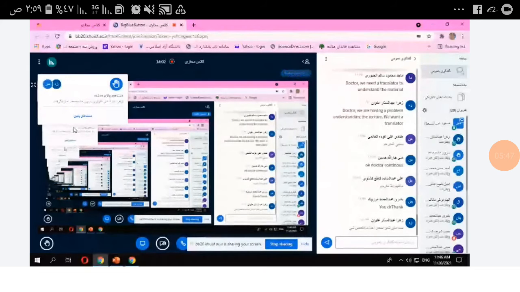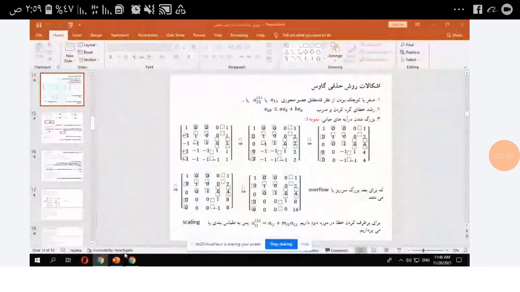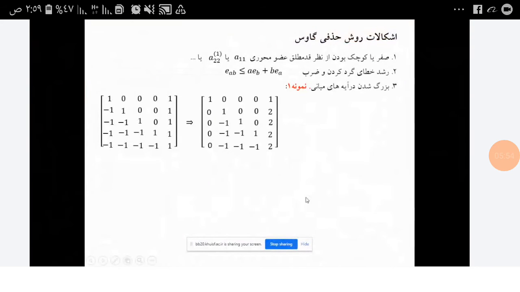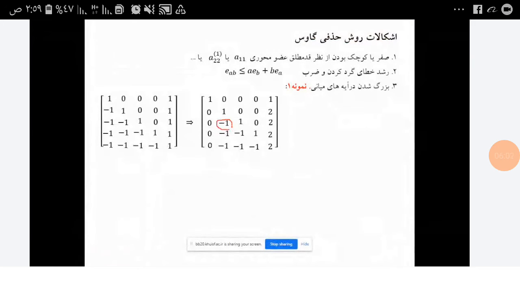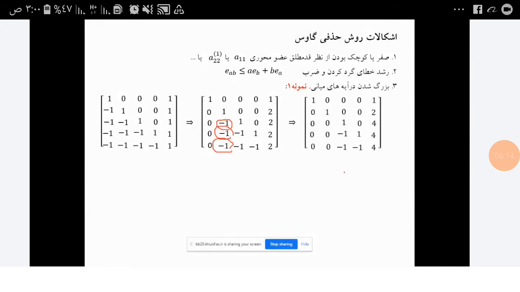Let me return to PowerPoint. Again, to make this one and this one 0, we have to add the second row to the third, fourth, and fifth rows. We will have this entry.